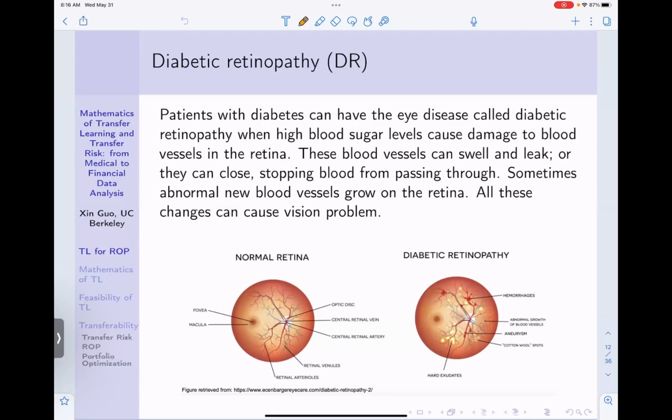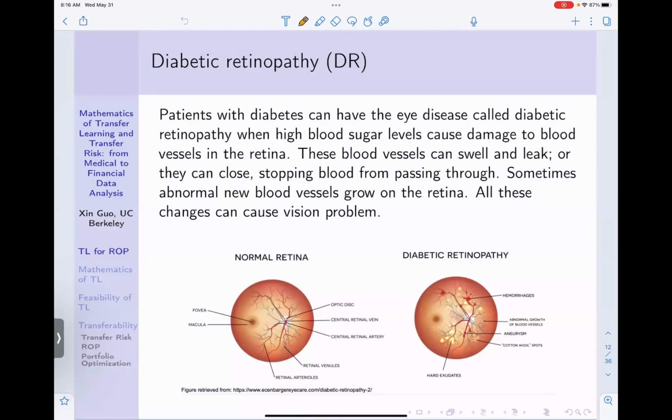So that's the similarity between ROP for infants and DR for diabetic patients. The good news about diabetes is that, because of the huge population of hundreds of millions of patients, and because they are adults who are more aware of it, the available data for DR is in the millions of data points.